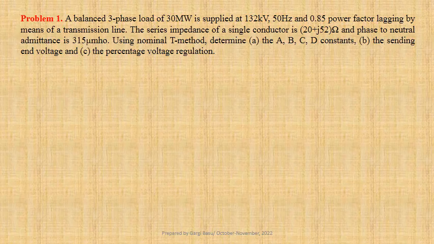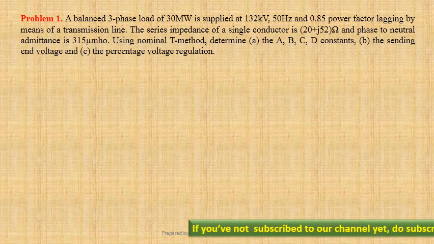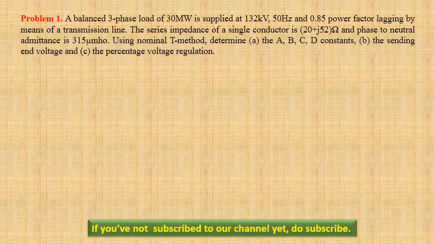A balanced three-phase load of 30 megawatts is supplied at 132 kilovolts, 50 Hz and 0.85 power factor lagging by means of a transmission line.